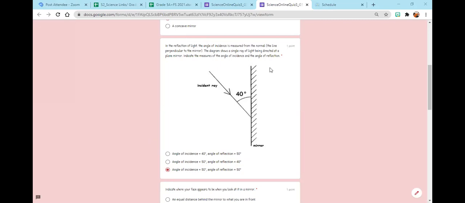To measure the angle of incidence, what should I start with? What should I do? We measure 90 minus 40. What's the first step that I should do now? I should figure out how much the angle of incidence is.